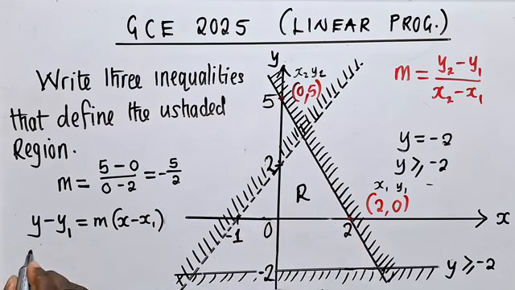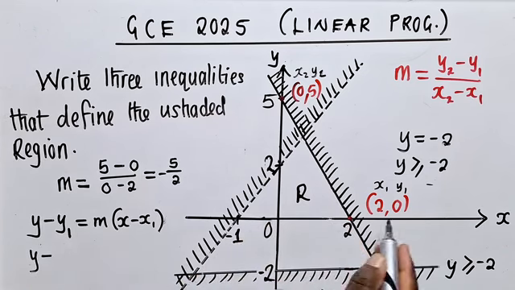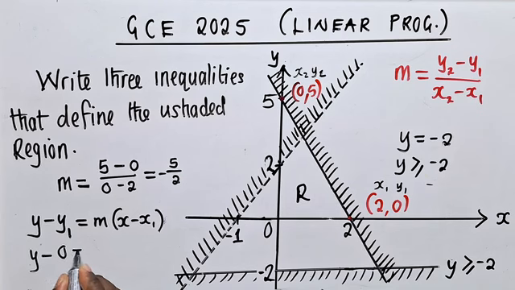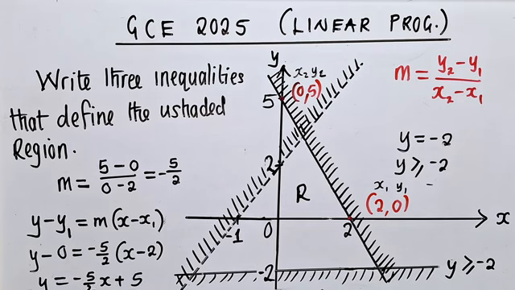So we plug in y1, which is 0, equal to m, which is -5 over 2, x we maintain, minus x1, which is 2. We simplify here: y is equal to -5 over 2x plus, when you multiply here, it will give us a 5.